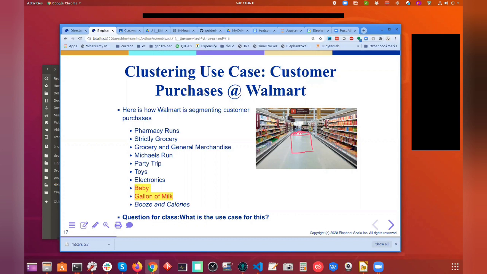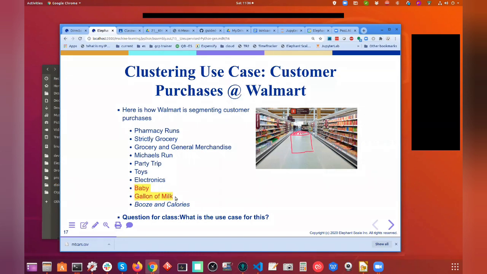Say new parents go into Safeway or Walmart and buy diapers and wet wipes, baby stuff, and they also buy a gallon of milk. So when you look at the shopping cart together, you have diapers, wipes and milk.